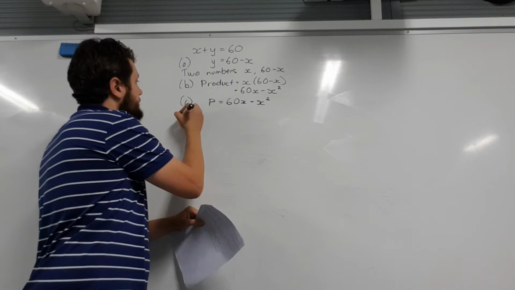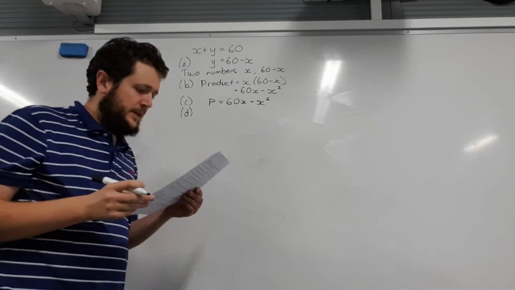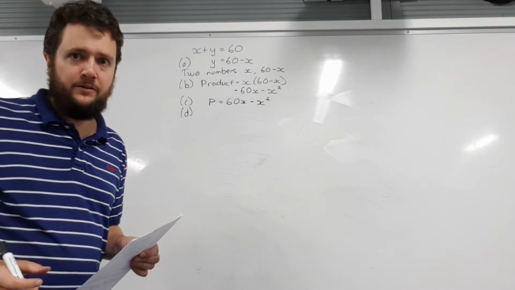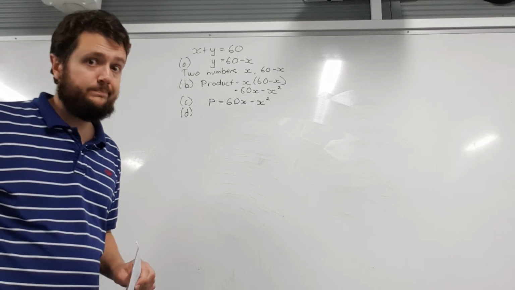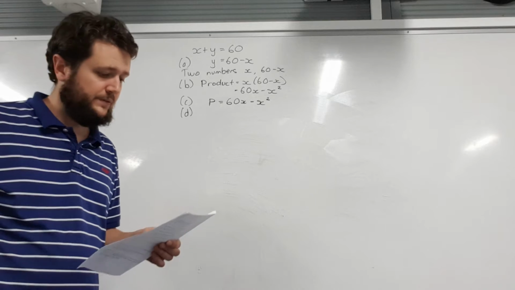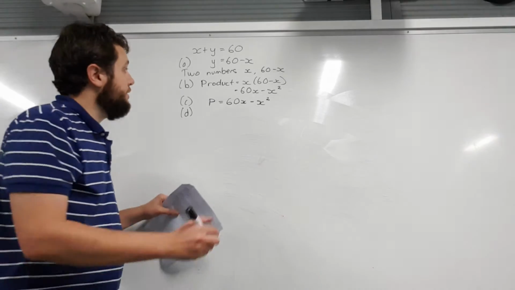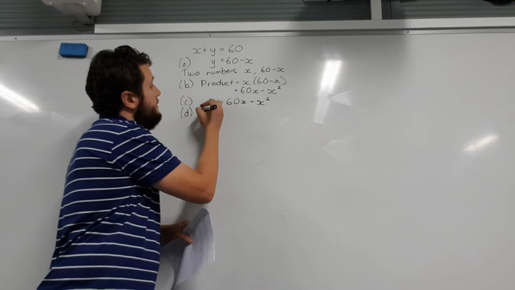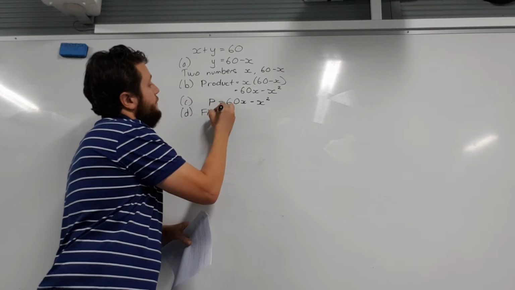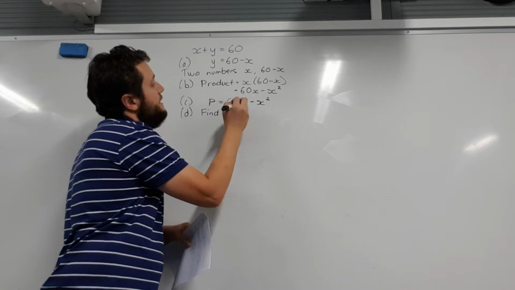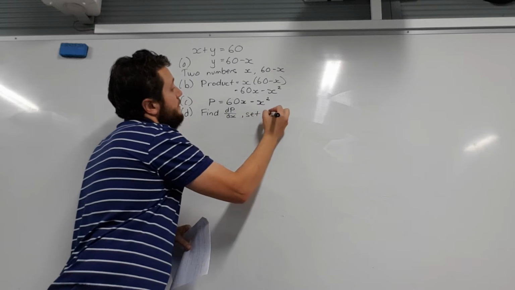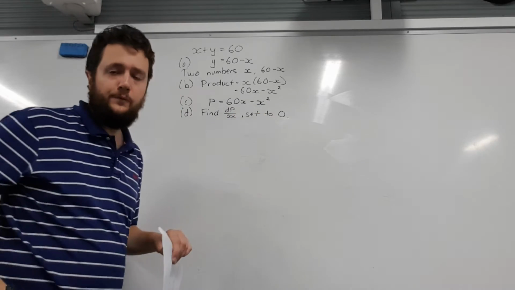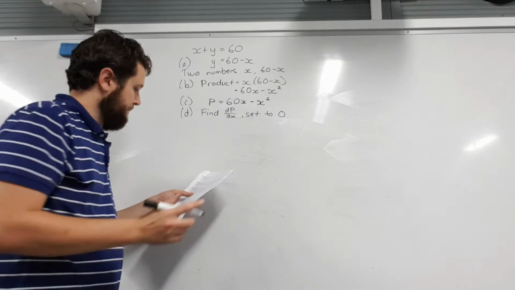D: find the value of x that maximises the value of p. Again, we've seen that special word, maximise. That means the first derivative is 0. So what we're going to do here is find the first derivative, which will be dp/dx, and set it to 0, because in doing so we will find any stationary points.